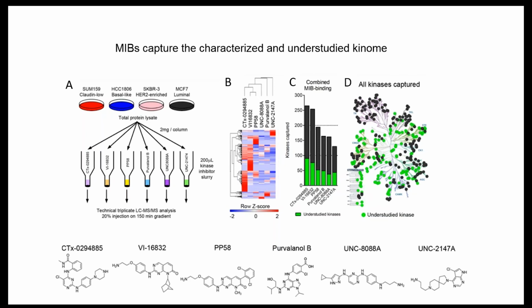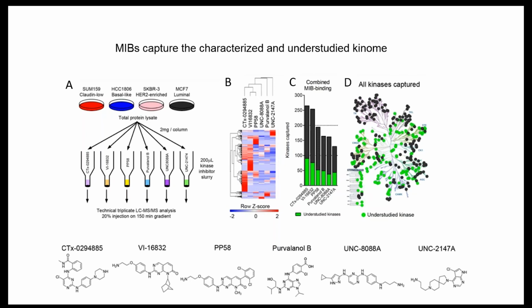So we have the ability to make custom beads to enhance the coverage of the kinome. Another example is we just made a PI3 kinase bead where we can capture all of the members of the PI3 kinase family, including different subtypes: alpha, beta, gamma, etc.